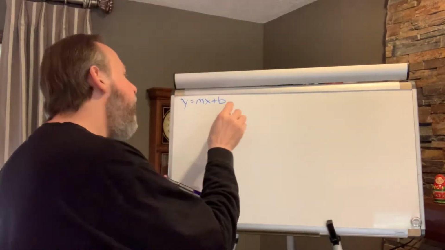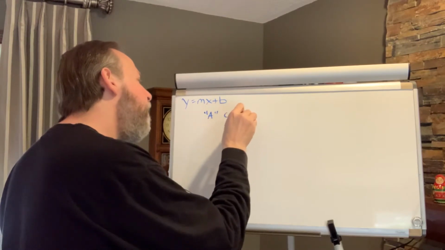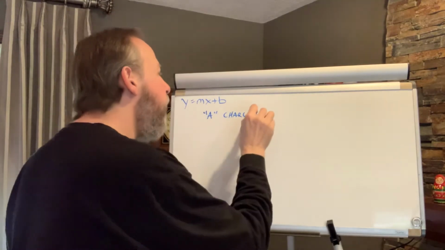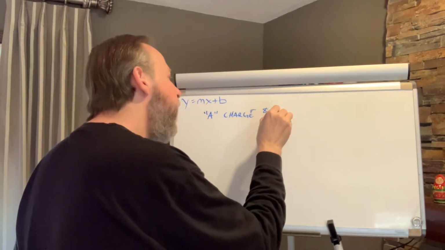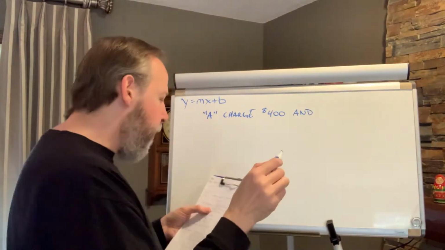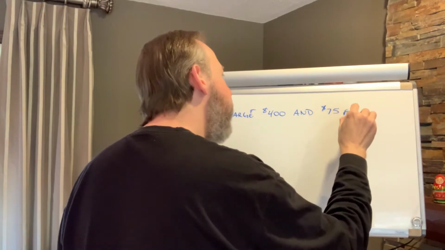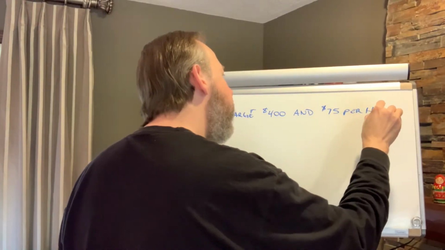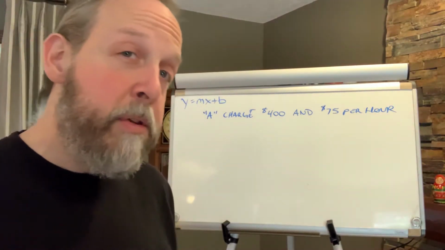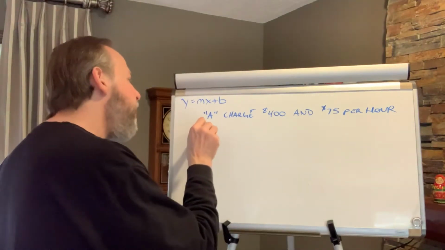Builder A will charge me, let's say, $400 as a flat fee, and for every hour of his work, he's going to charge me $75 per hour. Okay, I gave you information. It shouldn't be too hard to put that into an equation, but let's hold off until we find out what builder B is going to charge me.